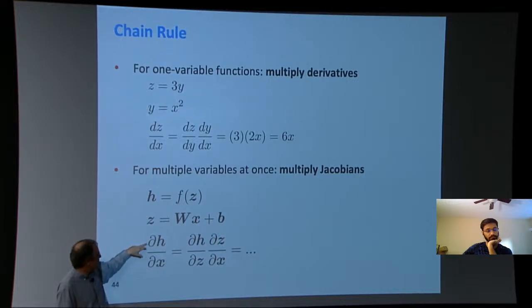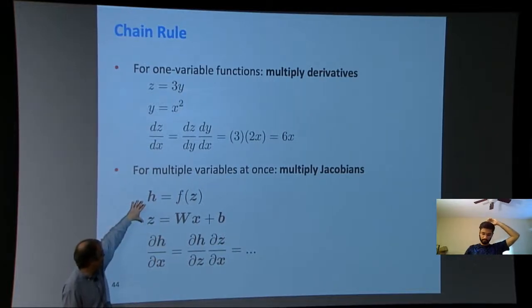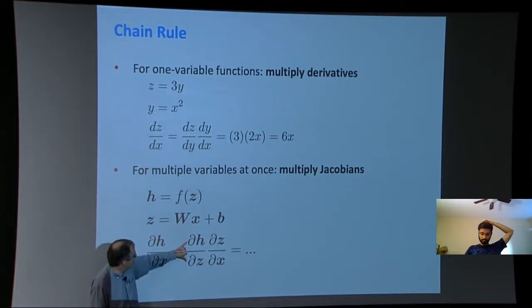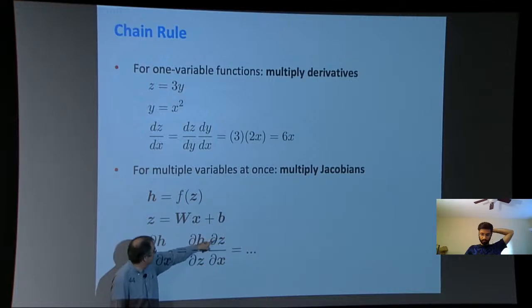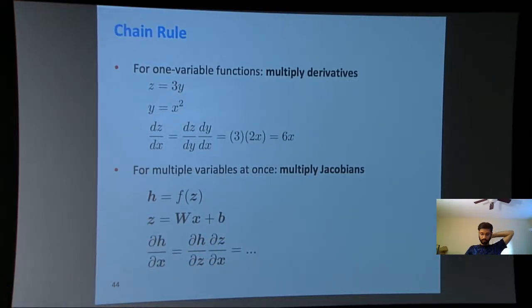If we want to know the partials of h with respect to x, it's a function composition, so this is easy to do. We work out our first Jacobian, which is the partials of h with respect to z, and then we multiply it by the partials of z with respect to x, and we get the right answer.